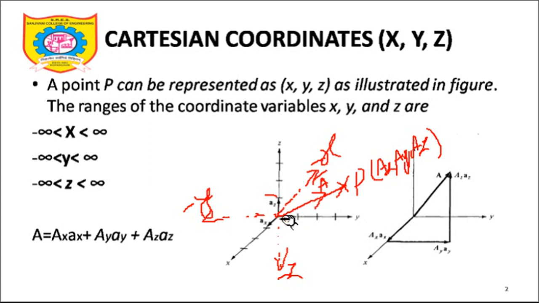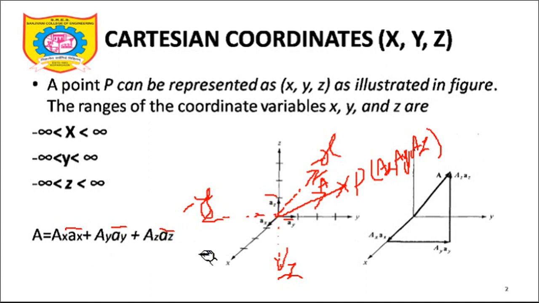Why ax bar? Because small ax bar, small ay bar and small az bar are the unit vectors in the positive direction of x, y and z respectively. So capital Ax minus 0 ax bar, then plus Ay minus 0, because the origin is having coordinates 0 comma 0 comma 0, so Ay minus 0 small ay bar and Az minus 0 small az bar.